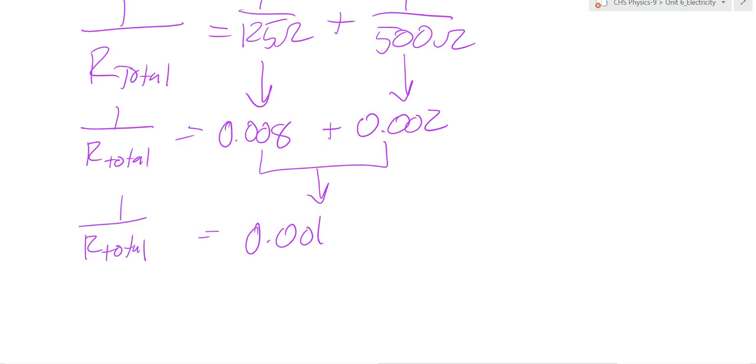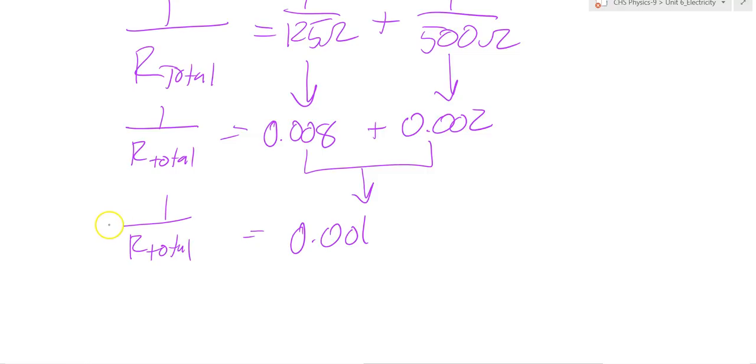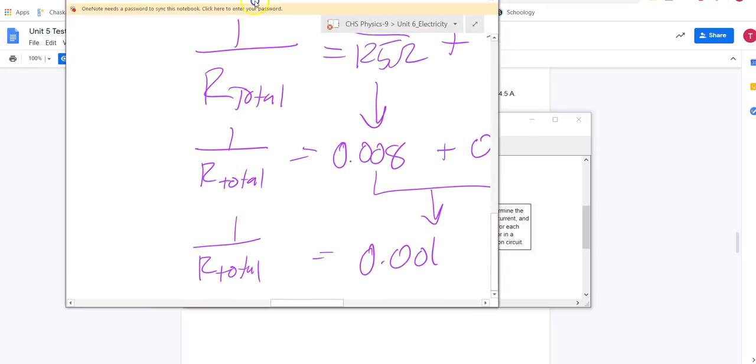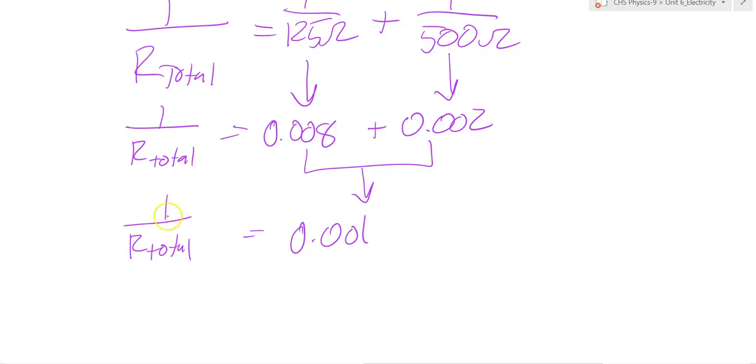Okay, and then there are multiple ways you can solve this. There's some slick little calculator tricks you can do on your calculator. Otherwise, we can just use our algebra skills. If I want to get this by itself, I have to undo the division with the multiplication.